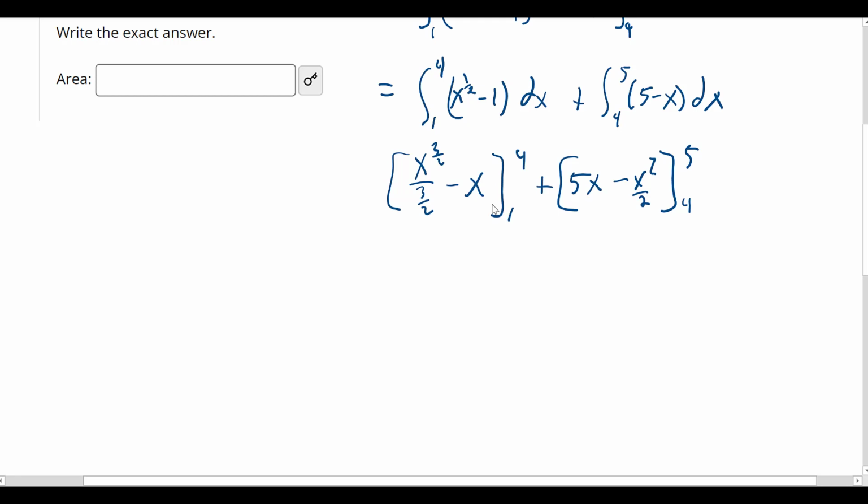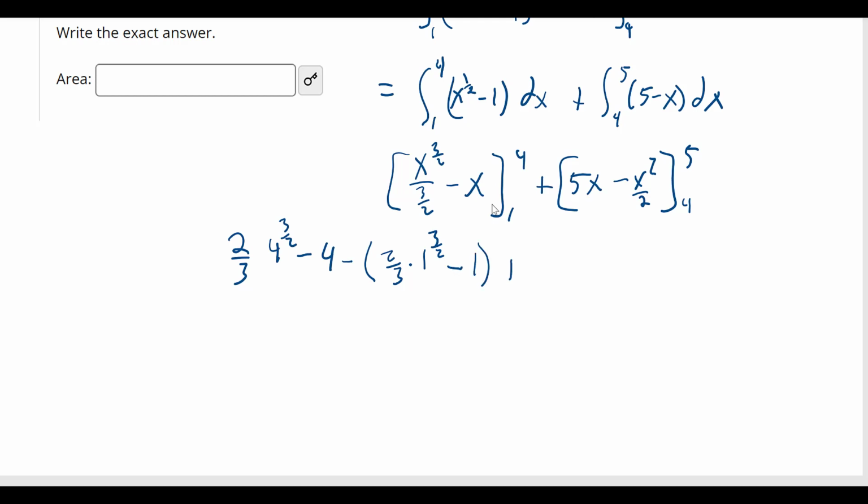That x to the 3/2 over 3/2 is going to be 2/3 of, now I can put the 4 in there, 4 to the 3/2 minus x is the 4, then minus, put the 1 in there, 2/3 times 1 to the 3/2 minus 1, plus, and probably don't need the bracket, plus we have 5 times 5, that's the upper limit of integration, minus 5 squared over 2, minus the quantity 5 times 4, minus 4 squared over 2.